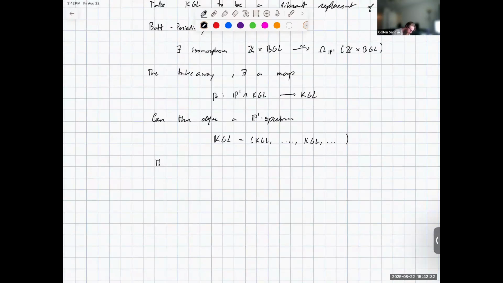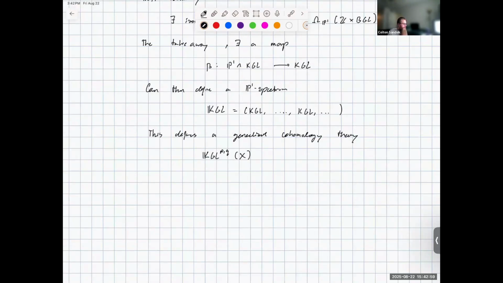And this formula from before tells us that we have a generalized homology theory, KGL_{p,q}. I'm not going to write it out, but associated to any motive, we can do this. And this is what we call algebraic K theory for motives.